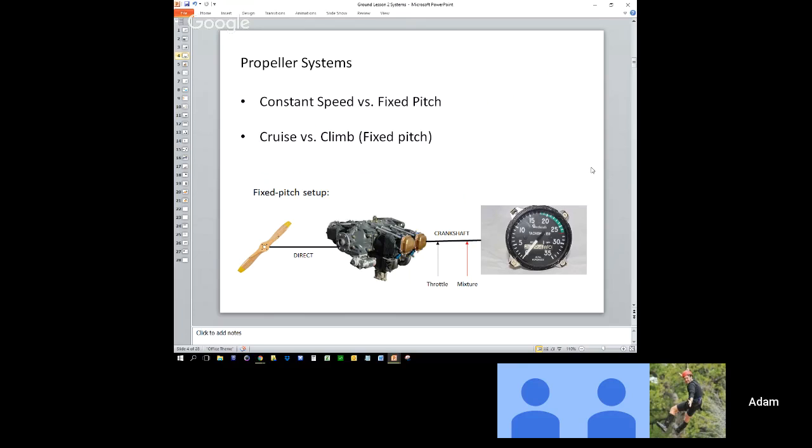And what does that mean? Fixed pitch, very simply, the pitch of the propeller stays the same. You cannot change it in flight. The only way you could change the pitch of the propeller is if you put a new propeller on the airplane. And I put a picture of a wooden propeller down here because that's an obvious one. In flight, the pitch of the propeller is going to stay the same.